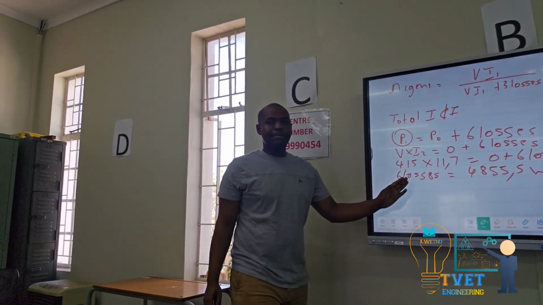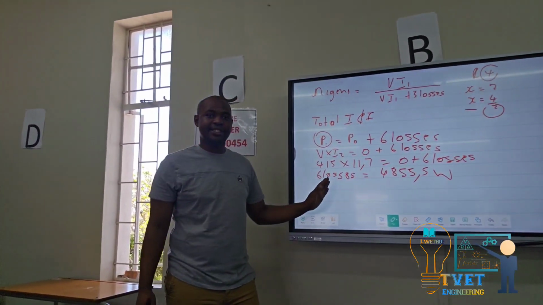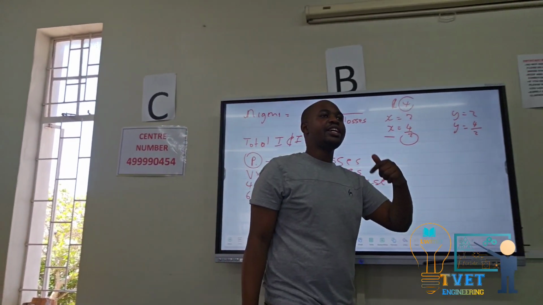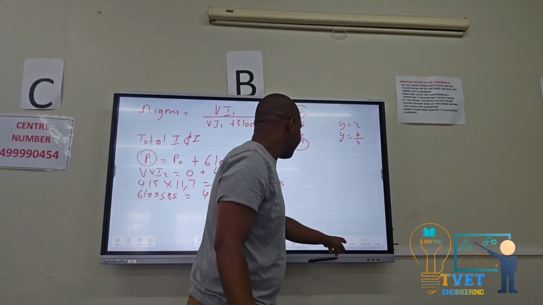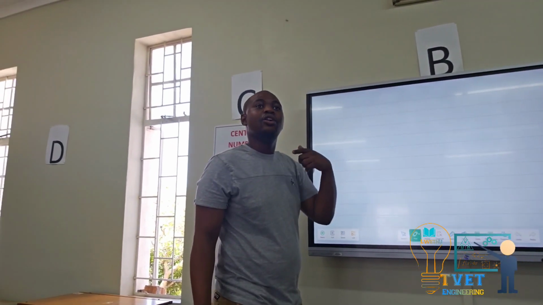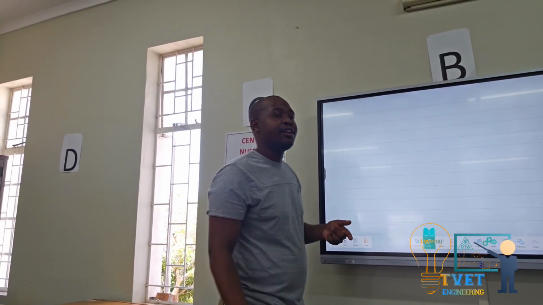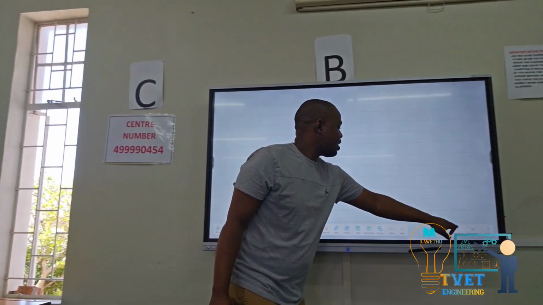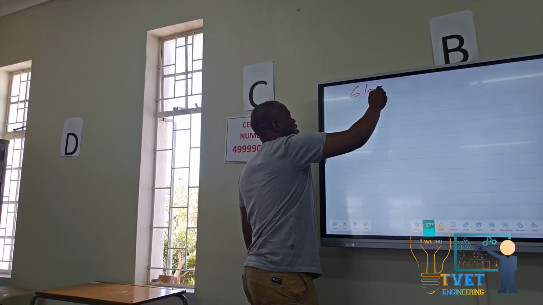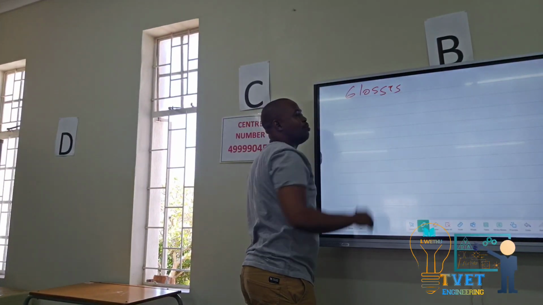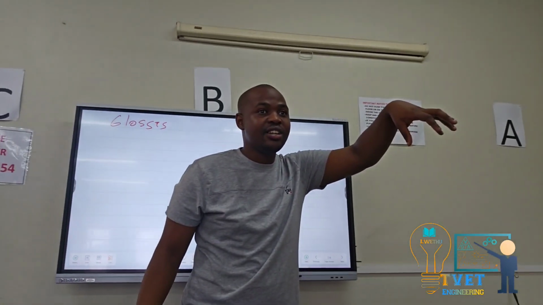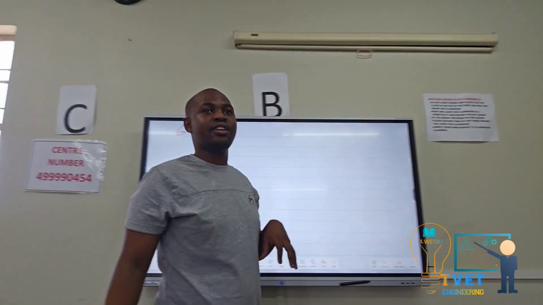So the losses are complete. Now guys, when I want the total copper loss, remember we said how many losses? 6 losses. And out of this, I want to take out the iron and friction loss.